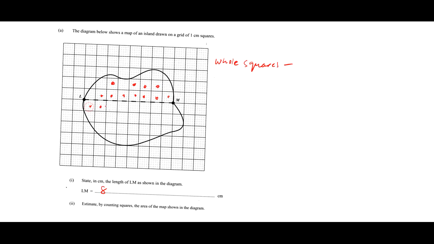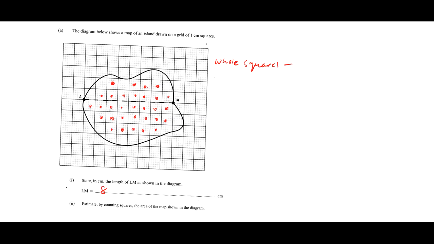We have this, keep going. Alright, in the exam, you're gonna have to move a little quickly. Right, so these are the number of complete squares that we have.